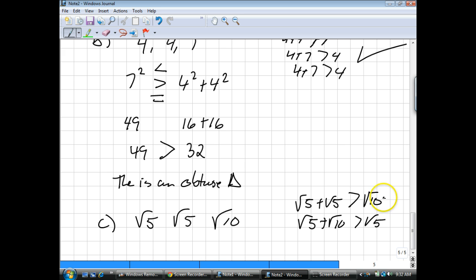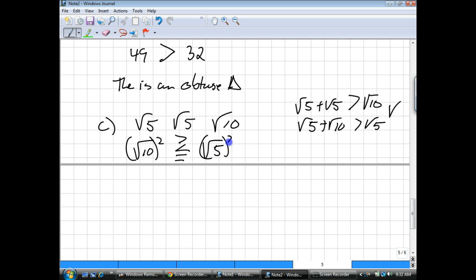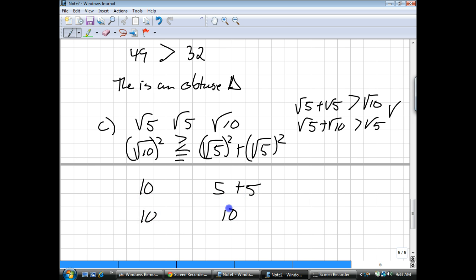And then the other one would just be this one again. So this is true. So is the square root of 10 squared greater than, less than, or equal to the square root of 5 squared plus the square root of 5 squared? So square root of 10 squared is 10. This is 5 plus 5. So these are equal, so it is a right triangle.